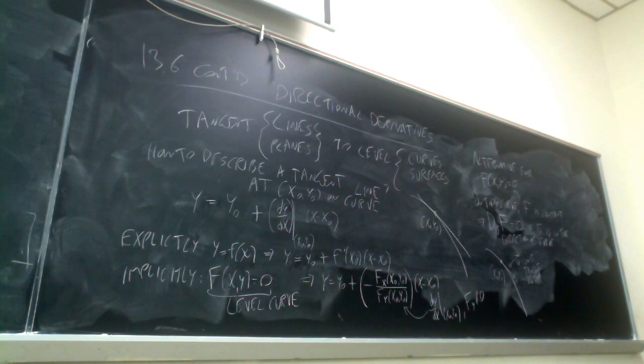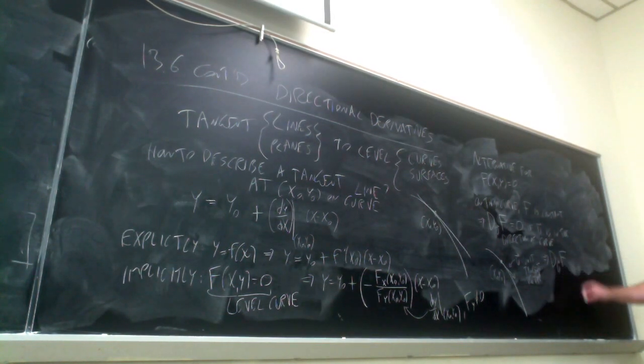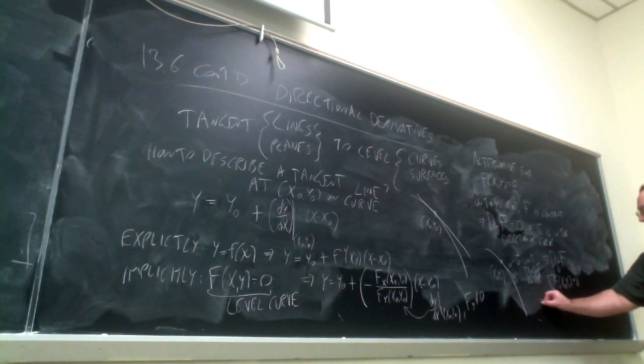Okay. So what we can say is, so the directional derivative of big F in this direction, which is the same as the gradient of F at this point, dot product with u. But now I can write out what that is.